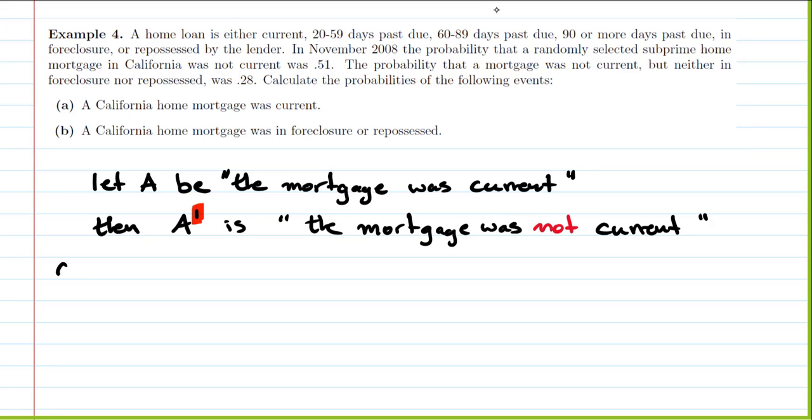So we can use this to help us with part A, because what does part A want? A California home mortgage was current. So we want the probability of A. Well, we don't know the probability of A, but what do we know?